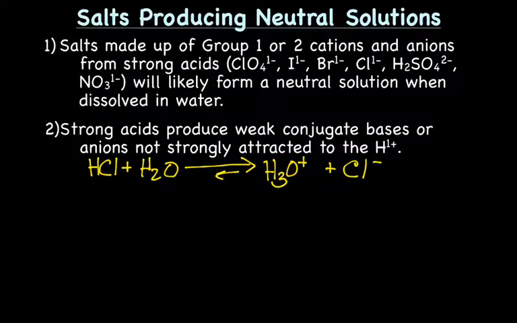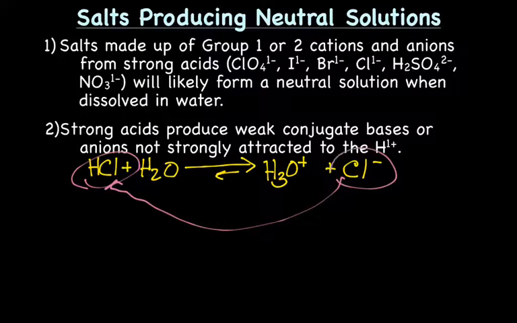And this chloride is a very weak conjugate base. It doesn't really want to hook back up with the hydrogen, producing HCl again. So this is a strong acid producing a very, very weak conjugate base, so the reaction is very, very forward.